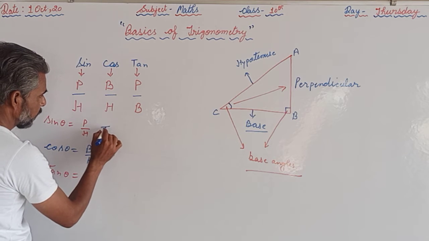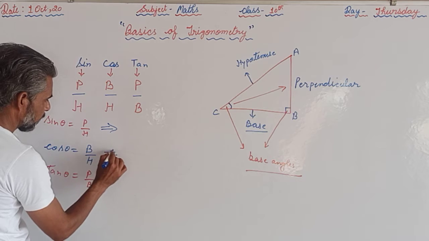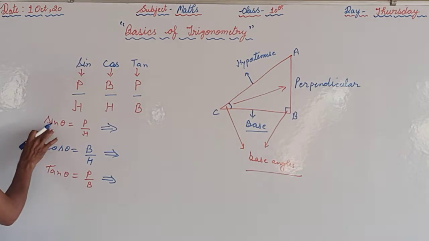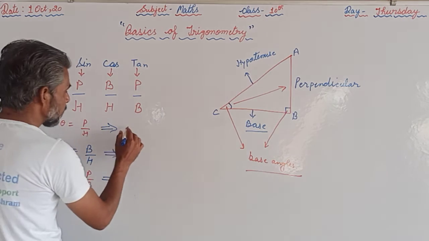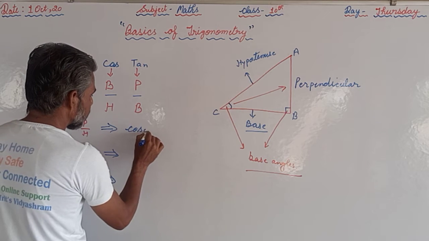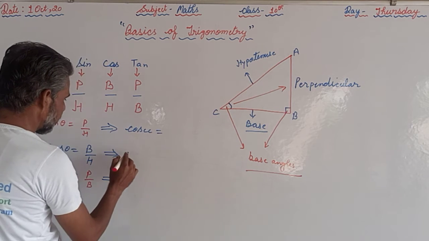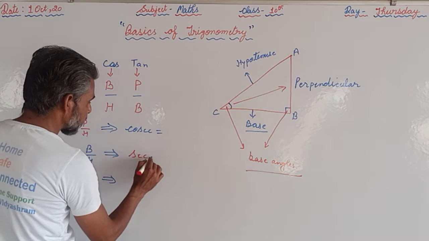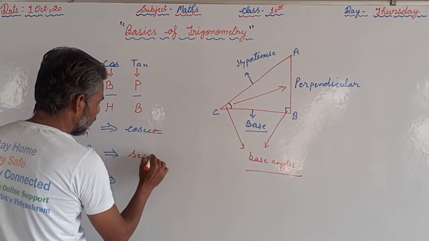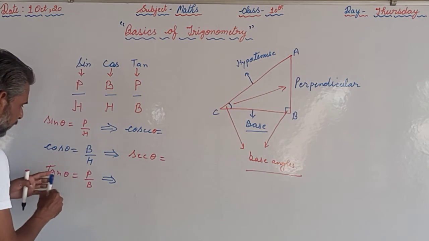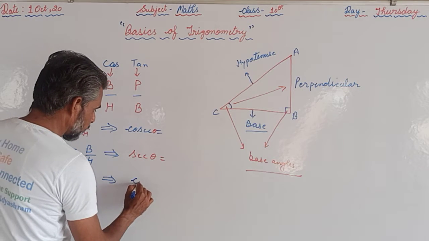From here we can also say that the reciprocal of sine is cosec, the reciprocal of cos is sec, and the reciprocal of tan is cot.